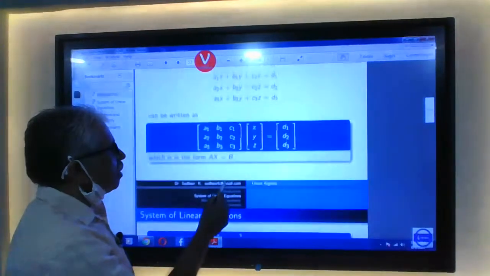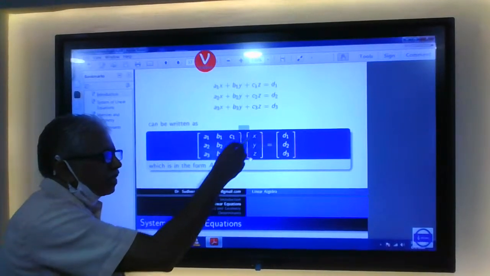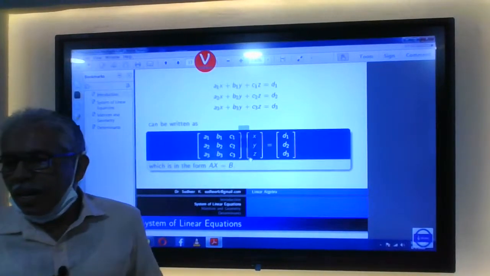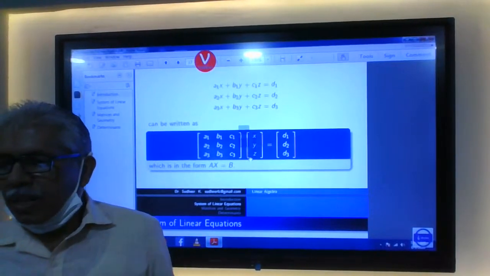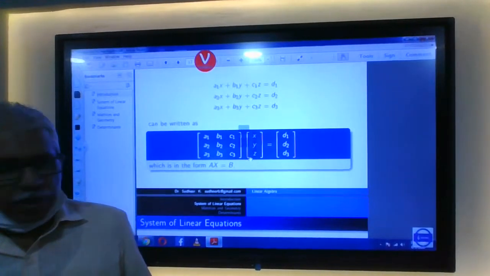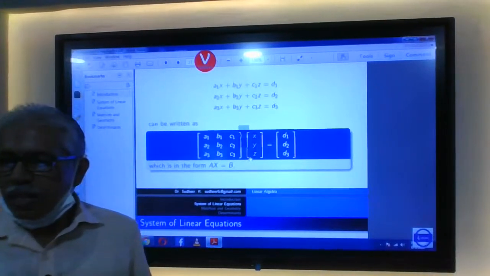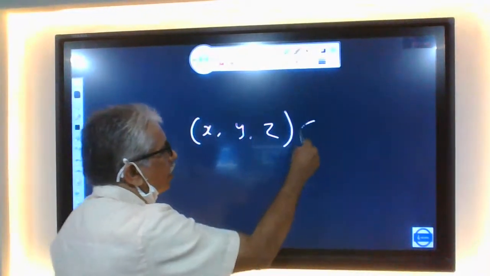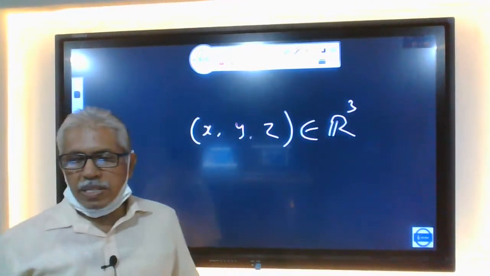And in this, again, let us see, this is a 3 by 3 matrix. And this X, Y, Z is a column matrix. And D1, D2, D3, that is again a column matrix. Let us relate the matrices with the points in three-dimensional space. You can easily say the column matrix XYZ represents the point XYZ in real three-dimensional space.